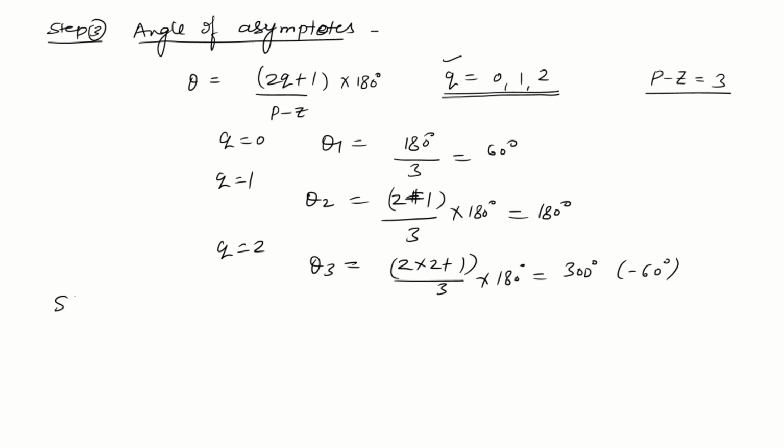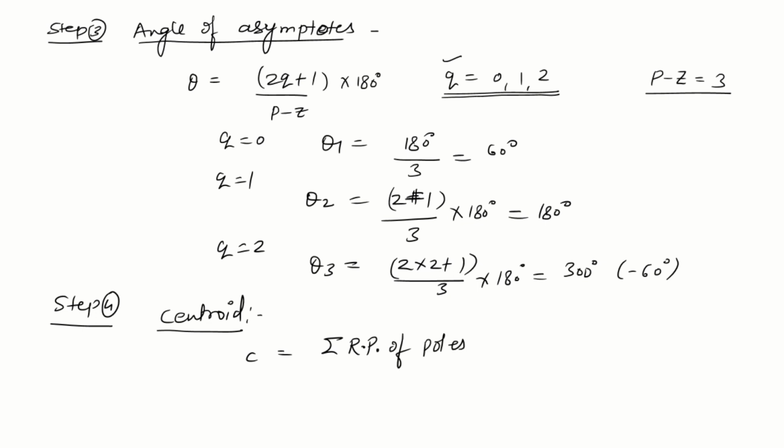Now in step number 4, we calculate the centroid. The centroid is the point of intersection of asymptotes with the real axis. So the centroid value C is given by summation of real part of open loop poles minus summation of real part of open loop zeros, divided by p minus z.